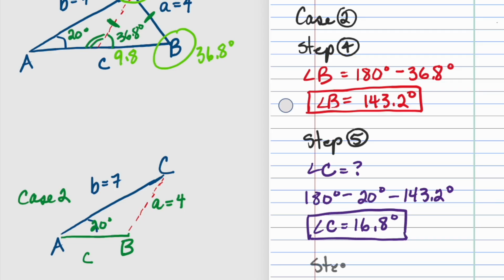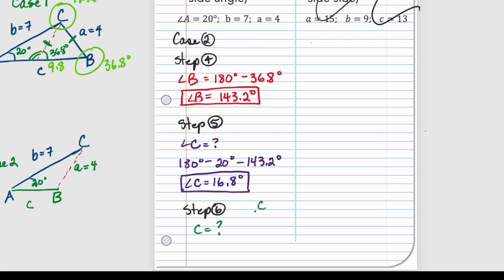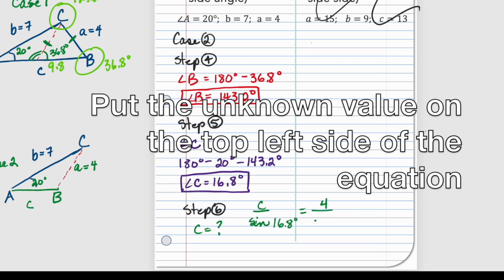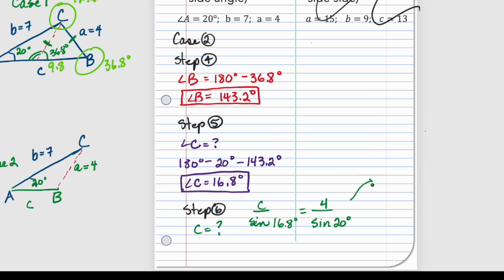Almost done. One more step. Side length C. C over sine of C equals A, which is 4, over sine of A, or sine of 20 degrees.